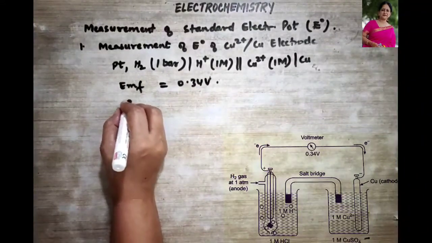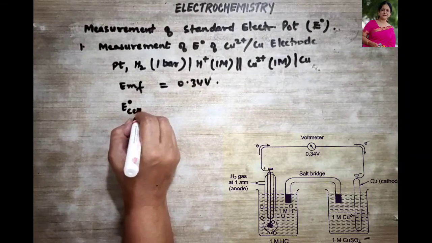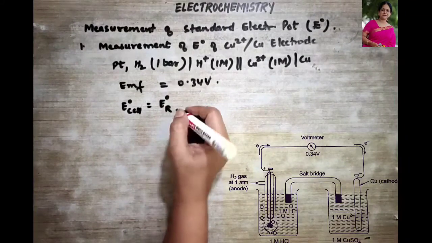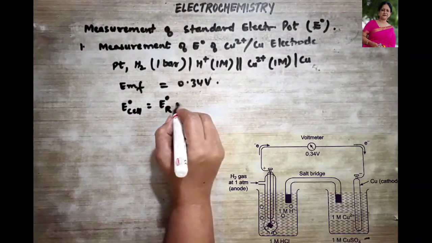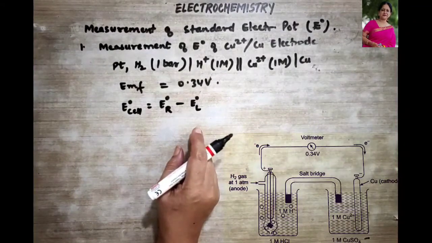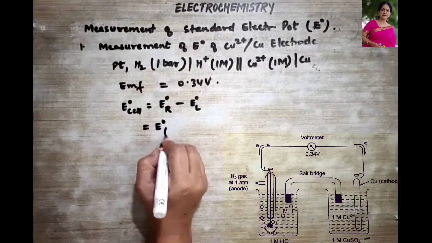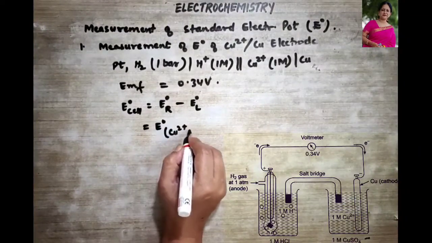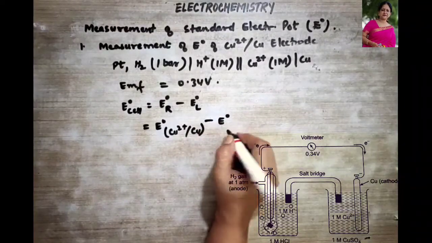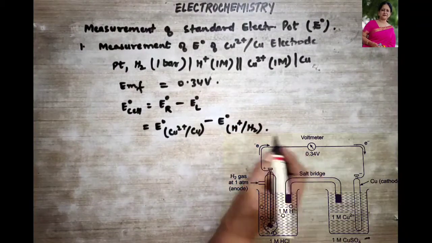So how do we write it down? Then the standard electrode potential of the cell is equal to the standard electrode potential of the right electrode minus the standard electrode potential of the left. And this is equal to E of Cu2+/Cu minus E of H+/H2 gas.